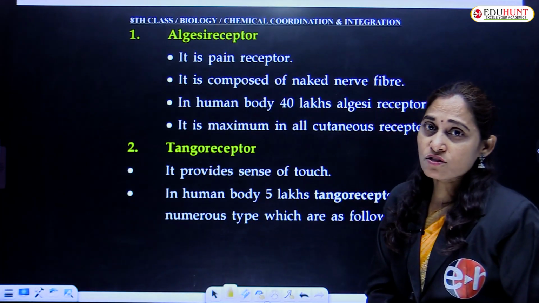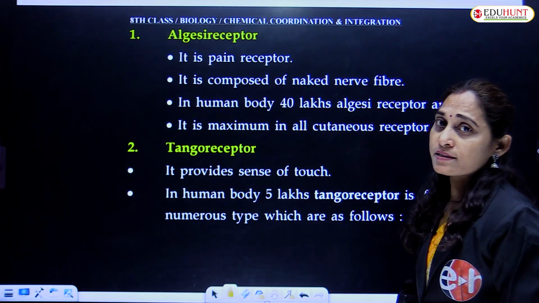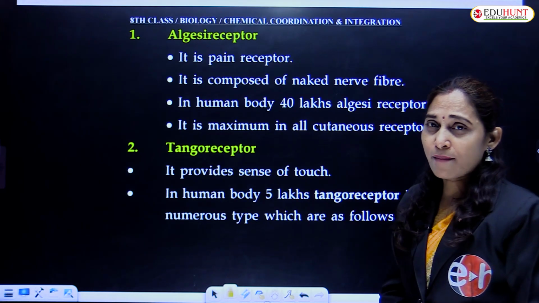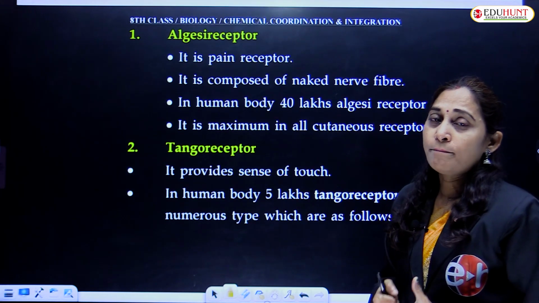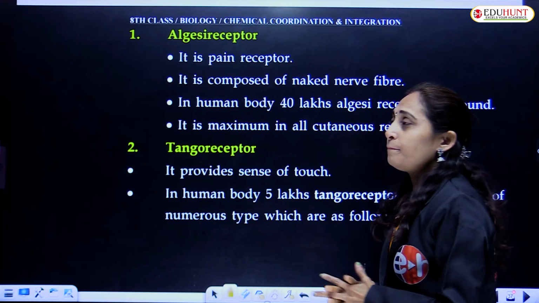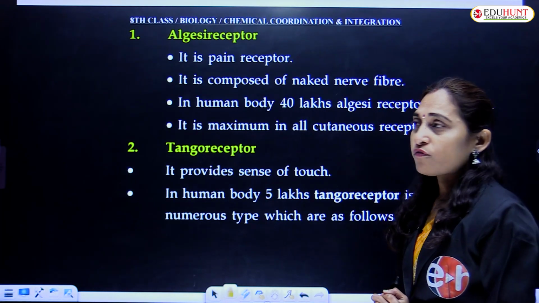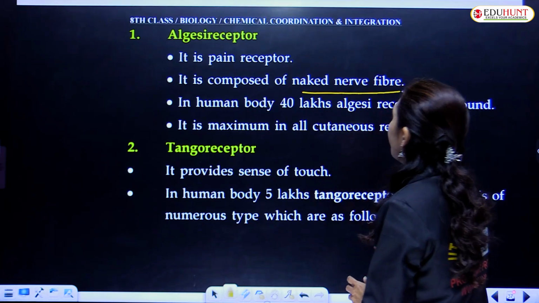Let us see the first receptor of the body, that is the analgesic receptor. The analgesic receptor is related to pain. So it is a receptor of pain and it is composed of naked nerve fibers.